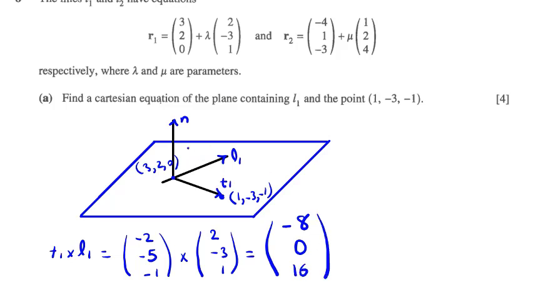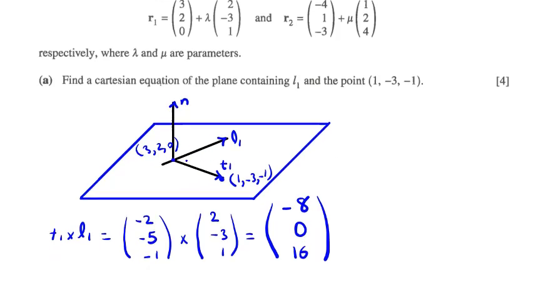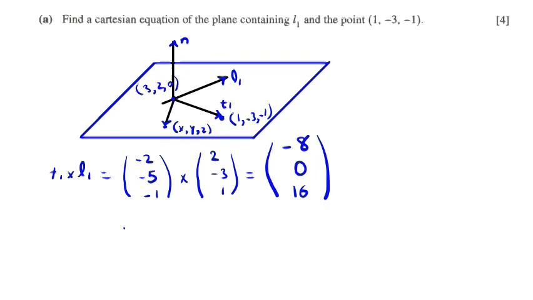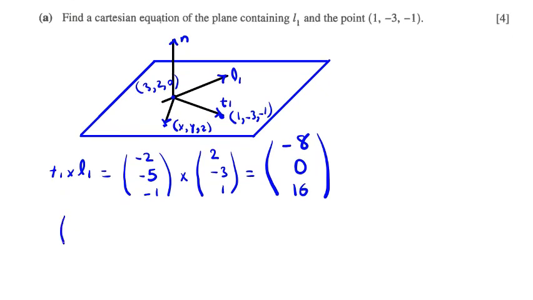Okay, now we know that n is perpendicular to any vector in the plane, so if we want to find a point (x, y, z) here, we know that the scalar product, or dot product, with n will be 0. So I consider (x minus 3, y minus 2, z) dot n, where you can factor out 8 and say (-1, 0, 2).